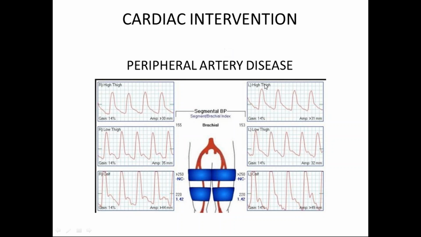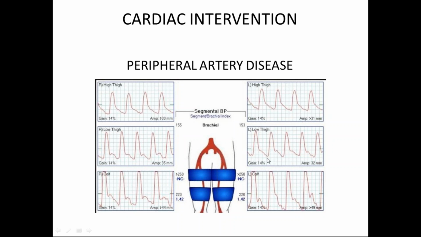Again, you're going to have your cuffs at varying positions on the lower extremity. You can have three, four, sometimes even five cuffs. You want to see your nice upslope, sharp peak, steep downslope, and your dicrotic notch, and it should be the same on both sides.